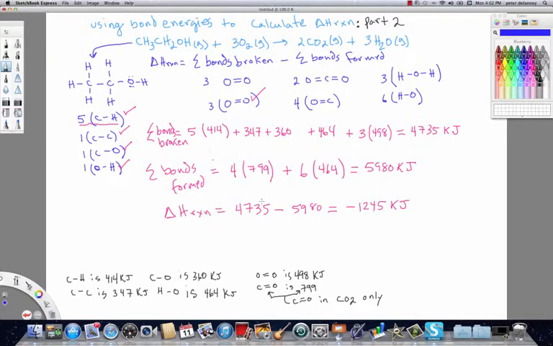It's an oxidation. It's actually a combustion. And I'm going to go ahead and label these for clarity. So this was bonds broken. This number was bonds formed. All right, and this is the delta H of the reaction.